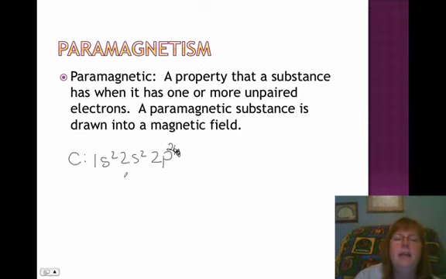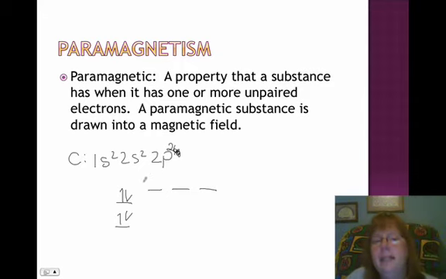You might say, here's our 1s orbital and our 2s orbital, and for 2p, remember we have 3p orbitals. If we fill these electrons in, they're paired, that's the Pauli exclusion principle. But now, when we fill in this 2p, remember Hund's rule? It tells us to put 1 electron in each orbital before you go back and pair them up. Even though we have an even number of electrons, so you might think they're all paired up, they're not. We have 2 unpaired electrons, so carbon is paramagnetic. It has unpaired electrons.